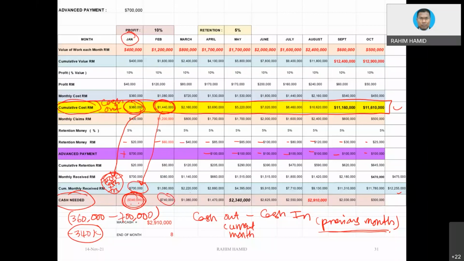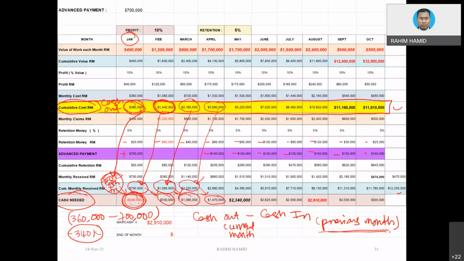For March here, how do we get this value? Remember, this is cash out minus cash in. Cash in for the previous month is this. So we should get this one. This is the way. And then for the next, we deduct with this amount, we should get this one.